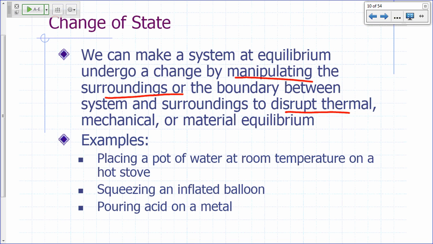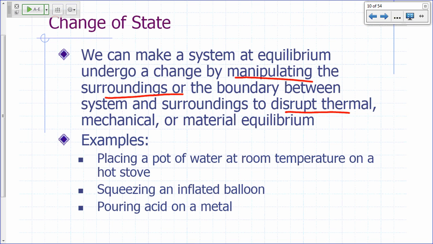What will happen if you place something hot in contact with something cold? What happens to the pot of water if you put it on a hot stove? Temperature increases, right? So there's going to be a change in the water. By changing the surroundings of your water, you've caused a change to occur in the water.